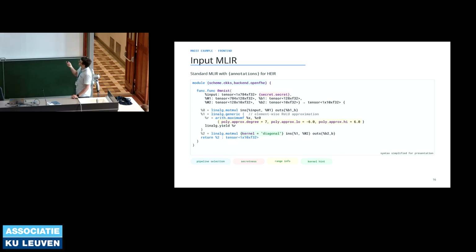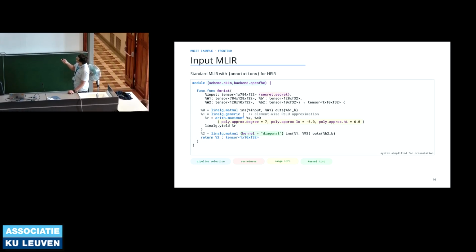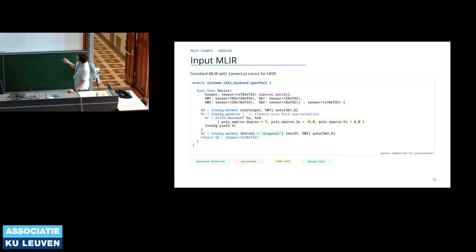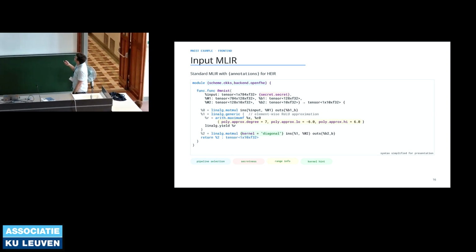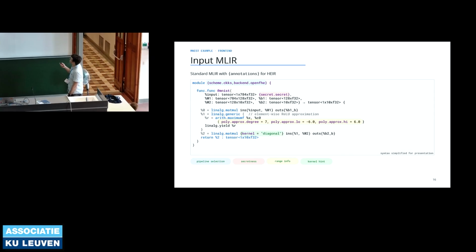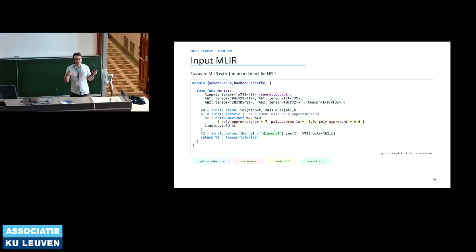So what does it look like? You've seen this slide before, but you can annotate which scheme you're using. In our case, it's CKKS. You can say which input is secret. We're going to care about these polynomial approximations, so you can say over what range you need to do these polynomial approximations. And these ranges, you need to compute them.